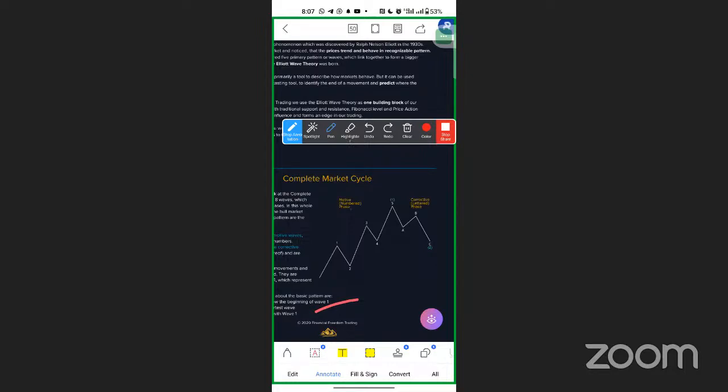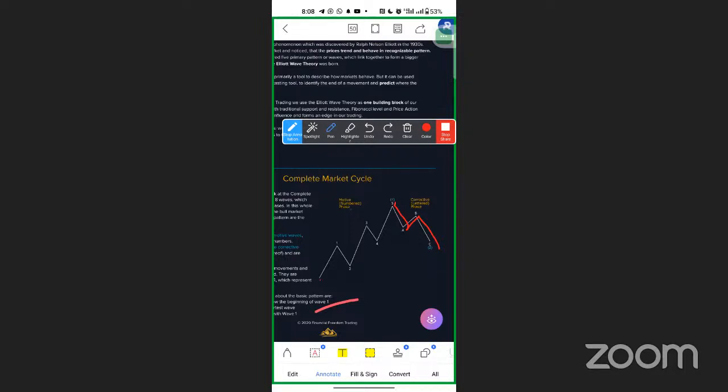And they are usually A, B, and C. These are the corrective waves. They correct the move that has been done by the motive waves. In short, it would be maybe the correction of the market.